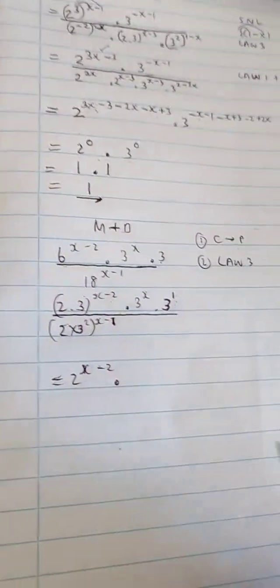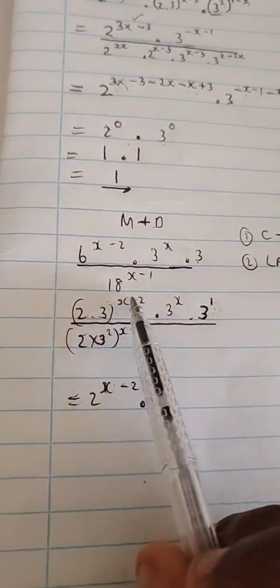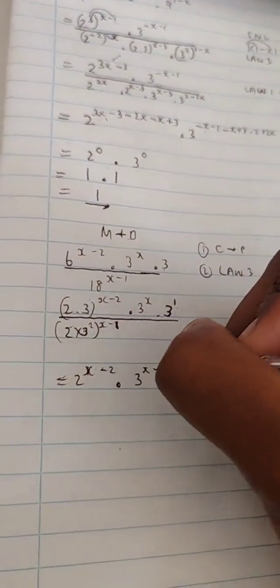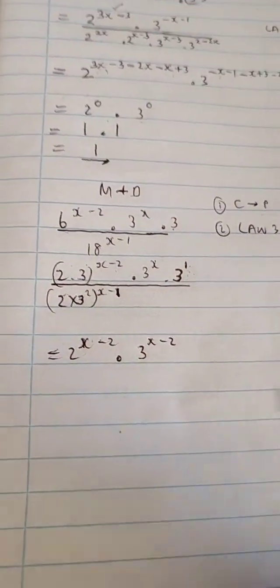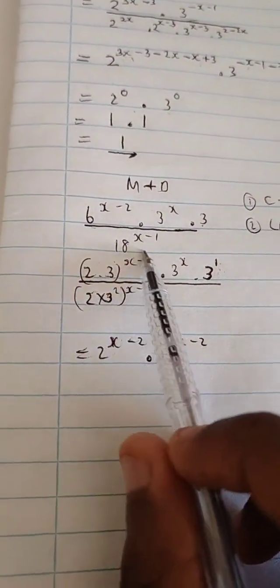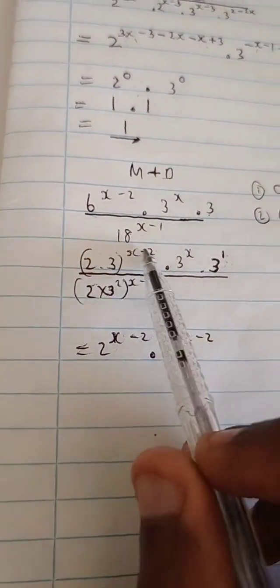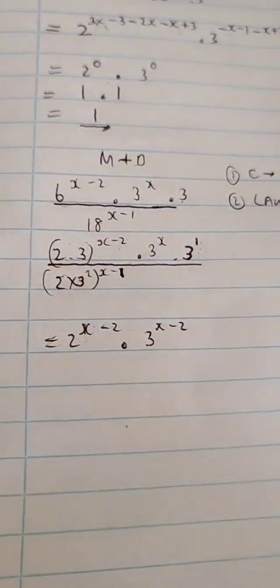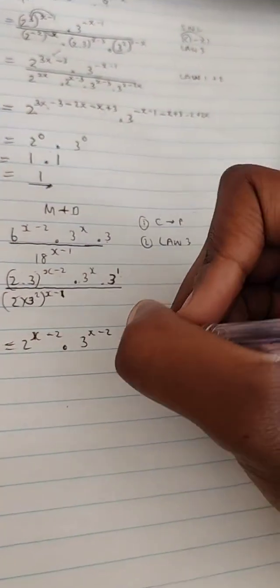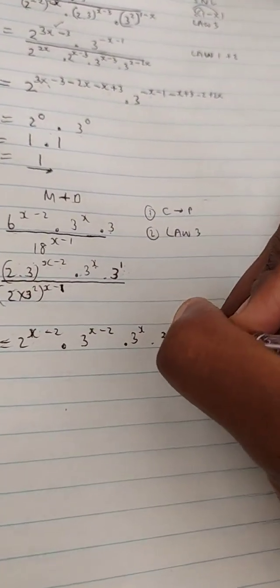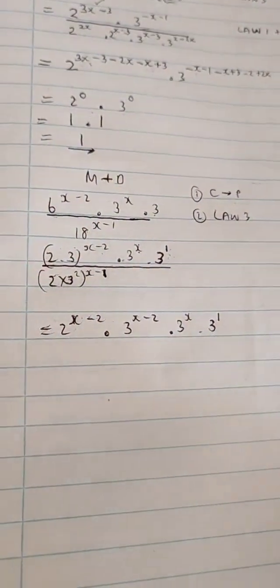Then 3 to the power x minus 2. So this base exponent x minus 2 multiply this base x minus 2 times, we have the 3 to the power x times the 3 to the power 1 over.